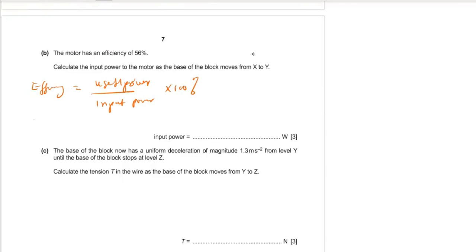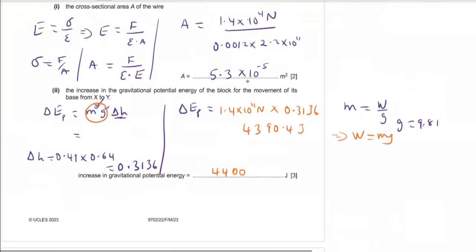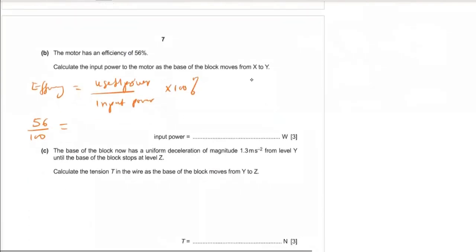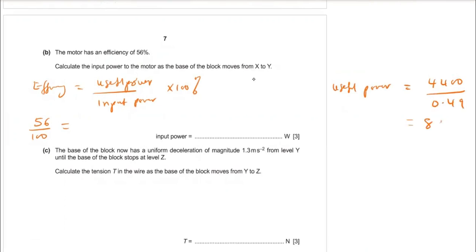So therefore it means that 56%, or 56 over 100, is given by the useful power. And how do we get useful power? Remember, the time taken is 0.49 seconds. So therefore the useful power will be 4,400 divided by the time, 0.49. That is 8979.6, something like that.